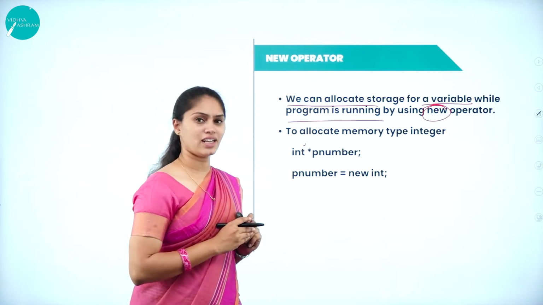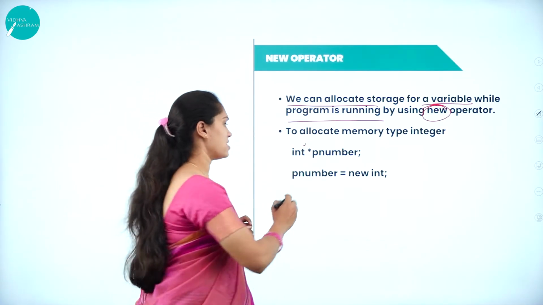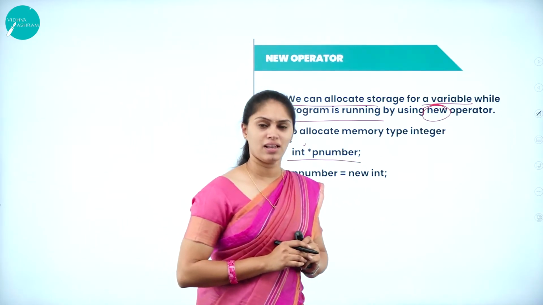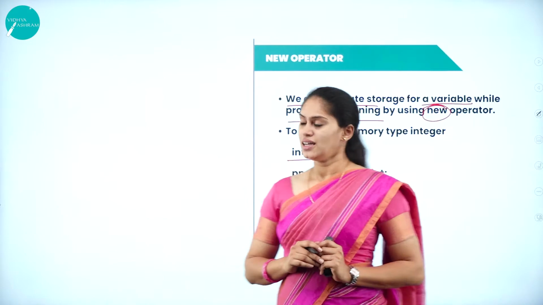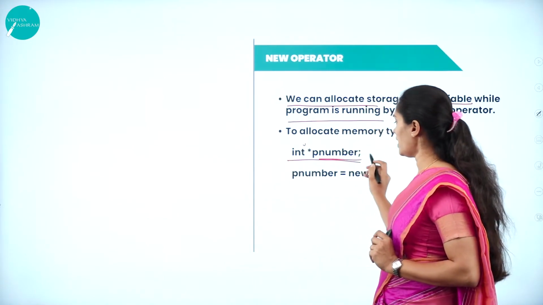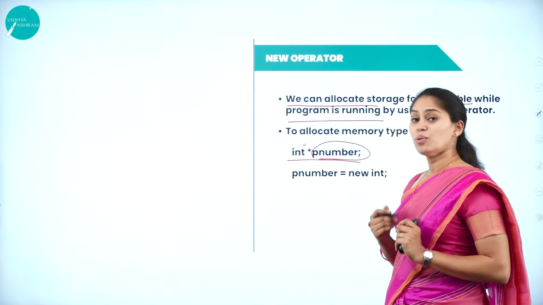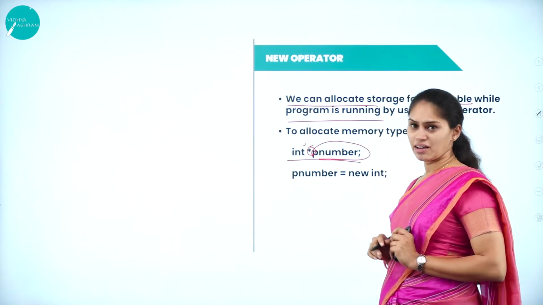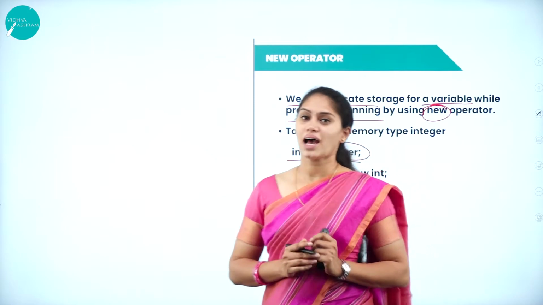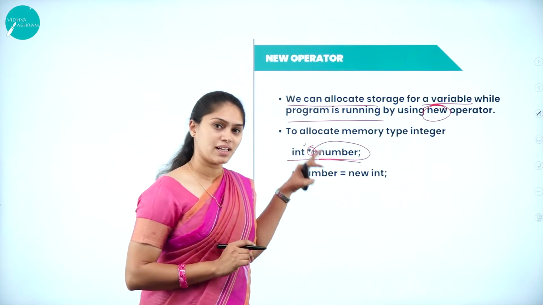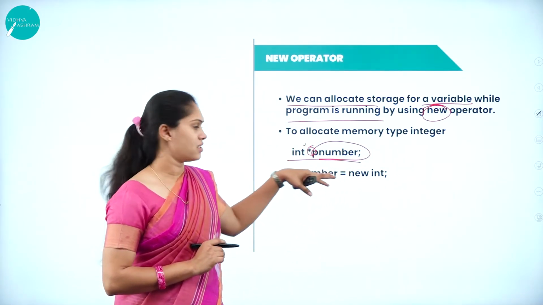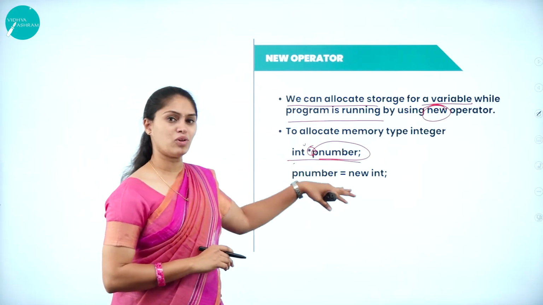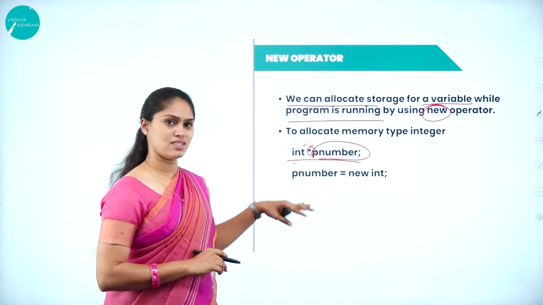Then how can I allocate this memory space? Here I have a syntax. I am declaring one pointer variable. The name of the pointer is pnumber. How can I say this pnumber is a pointer variable? Because here I have a star, which represents that I am declaring a pointer variable. The data type is int. And how can I allocate the memory dynamically using the new keyword?